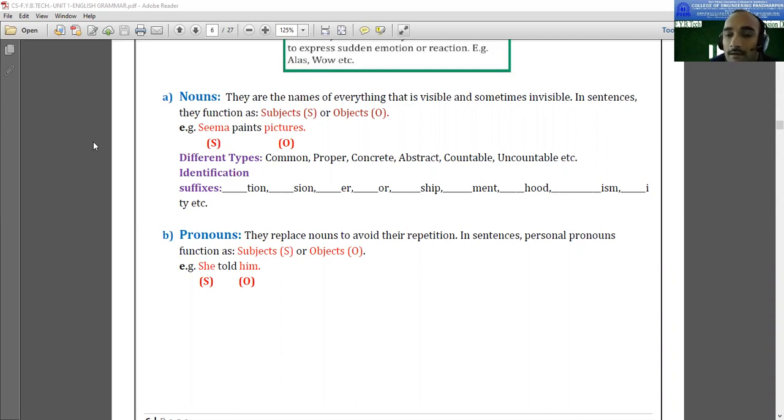Did you understand? Is it okay? Yes, sir. Yes. So nouns are the names of any person, place, thing, idea, emotion which is visible or invisible.